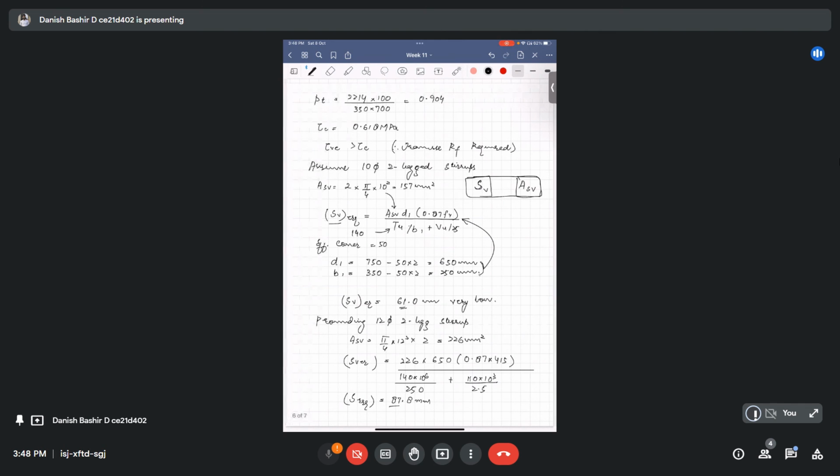When I increased the area of the stirrup, 12 mm two-legged stirrup, I get the spacing a little bit higher. So spacing is directly proportional to area of stirrup. Okay. Earlier I wrote it wrong. Sorry for that.